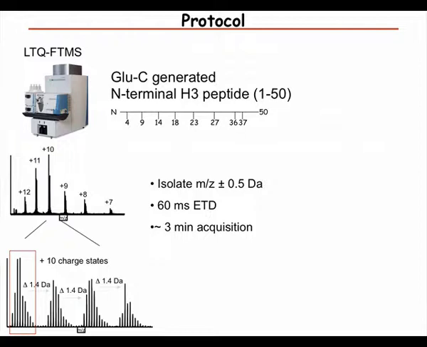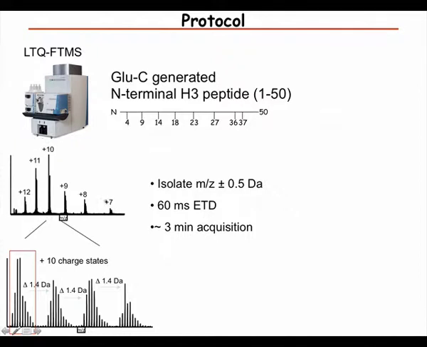One way to cut, there are some other enzymes, for example GluC. This cuts on the C-terminal side of glutamic acid, and that's how one can get the N-terminal 50 amino acids of histone H3.